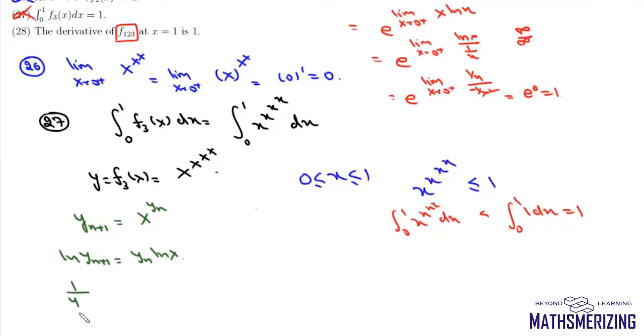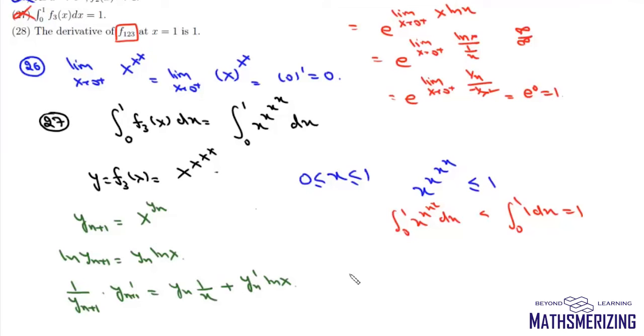Now it will be 1 upon yn plus 1 into yn plus 1 dash, it will be yn log x is 1 by x plus y dash n into log x.